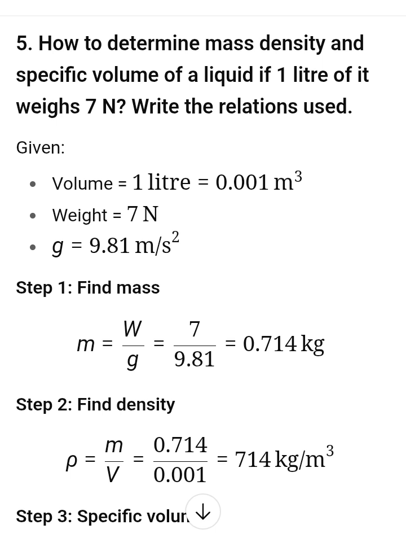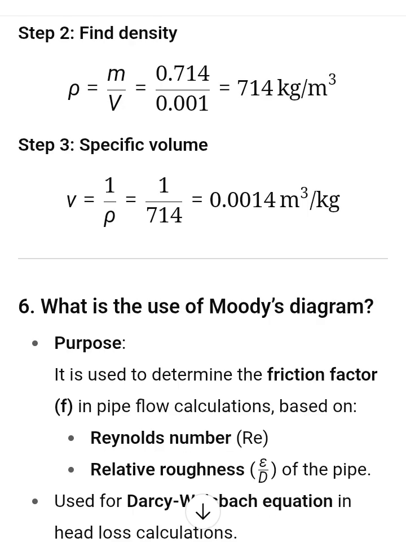Second, density: rho equals m divided by v. Already found mass equals 0.714, and V equals 0.001.